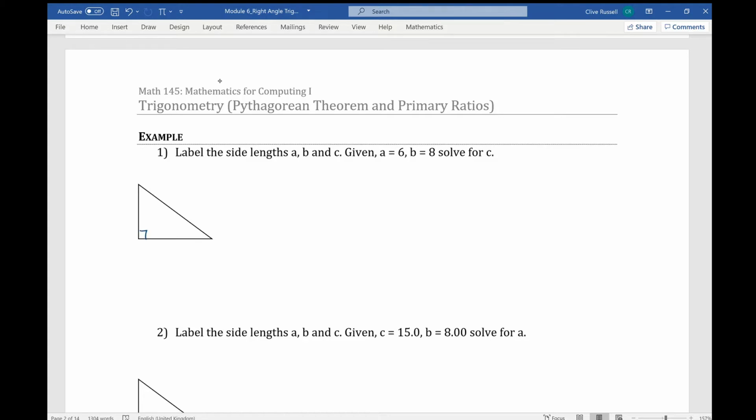C is the right angle in these problems, so we're going to have A, B, and C. So lowercase c is opposite C, lowercase a here, and lowercase b there. Now it said that A is equal to 6. So A is equal to 6. B is equal to 8 units. And you're asked to solve for C.